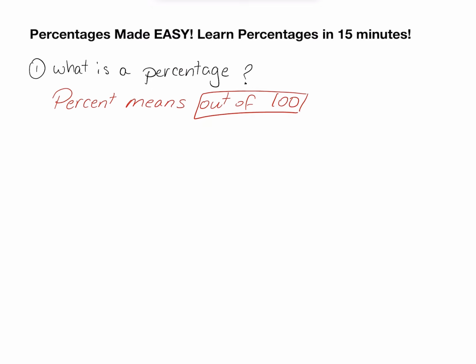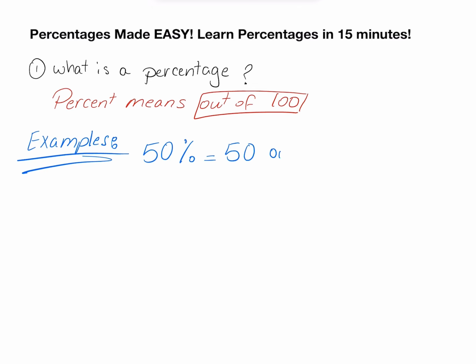Let's look at some examples. I have 50%. What does this mean? It means 50 out of 100. What about 25%?